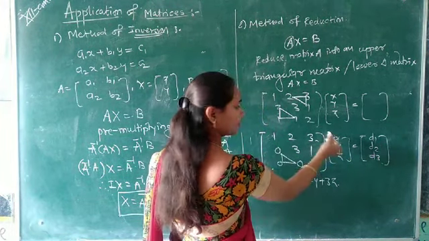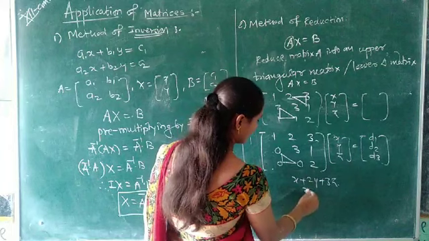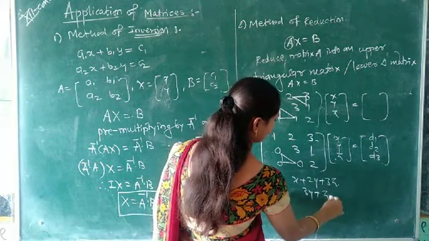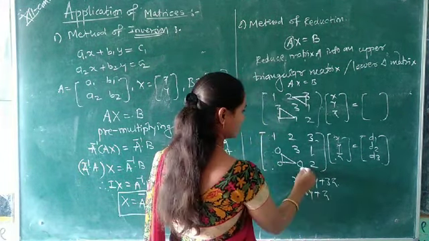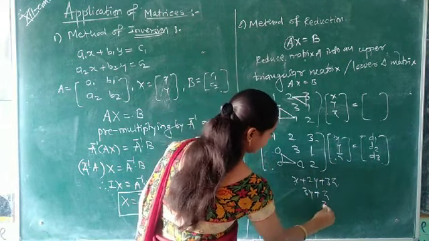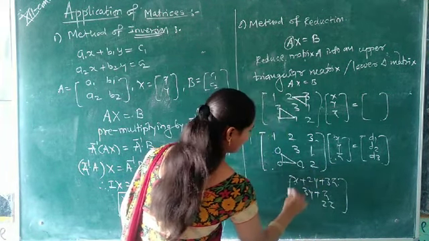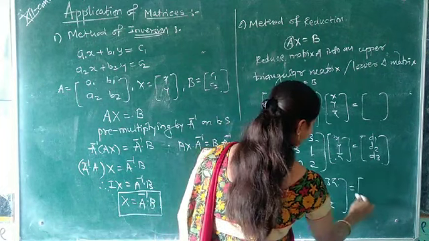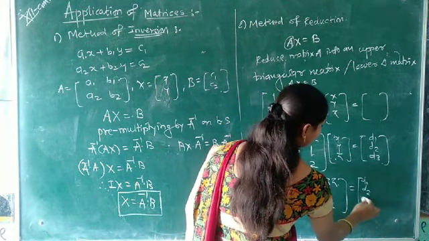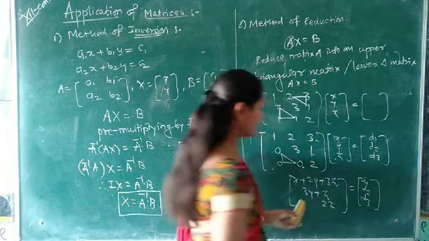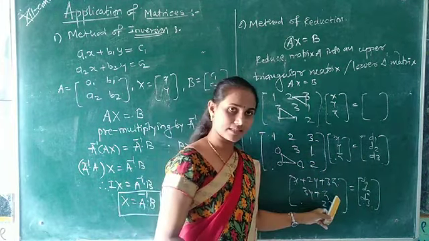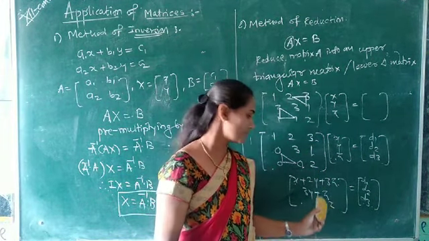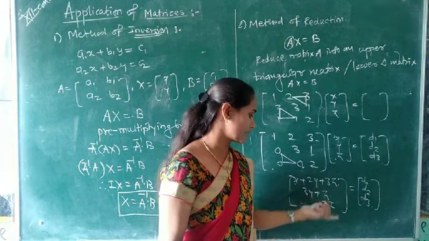Next 0 into x, 0, next 3 into y, 3y, 1 into z, z. Next 0 into x, 0, 0 into y, 0, 2 into z, 2z. This is equal to D1, D2, D3, and again here we will get equal matrices, and using equality of matrices we will get direct values of x, y, z.